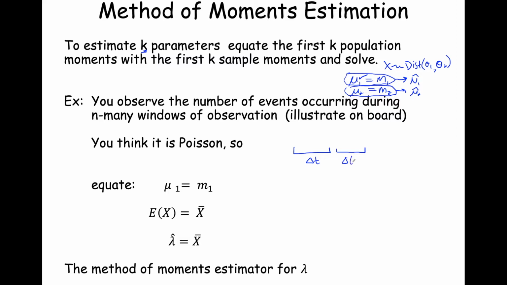So delta t could be 1 second, could be 5 seconds, could be 15 minutes, and so forth. So you have windows of observation of the same size, and you see events that occur, where these circles represent the events. So during the first window of observation, you see 2 events occur, then maybe next time you see 3 events occur, and then maybe 1 event, and then maybe you see 4 events occur, right?